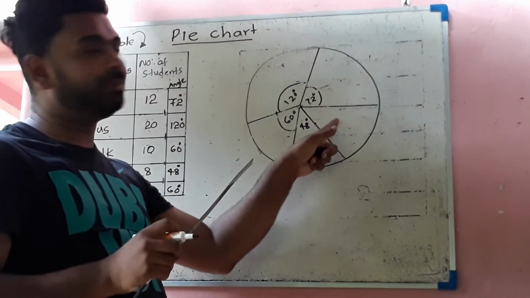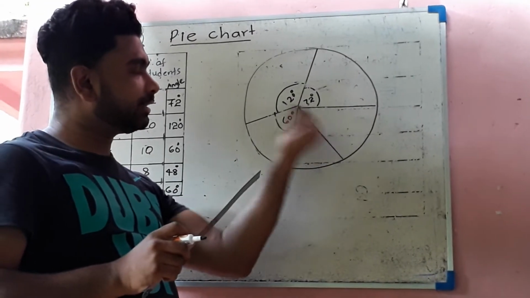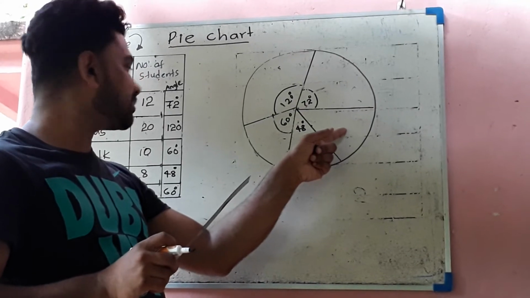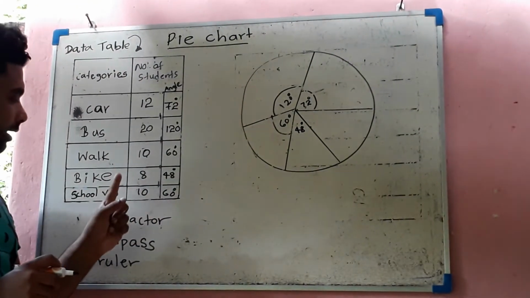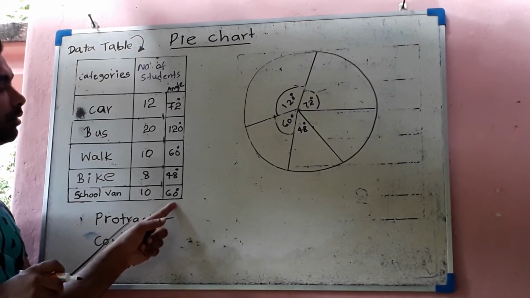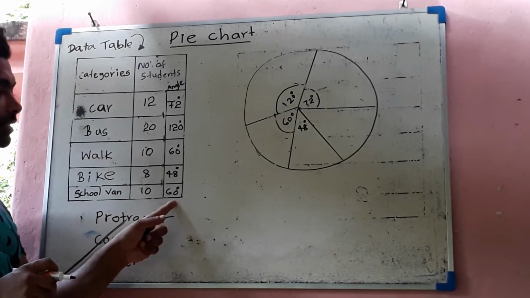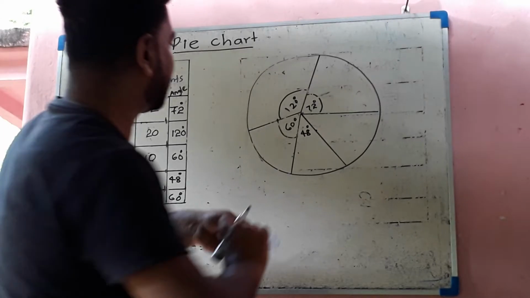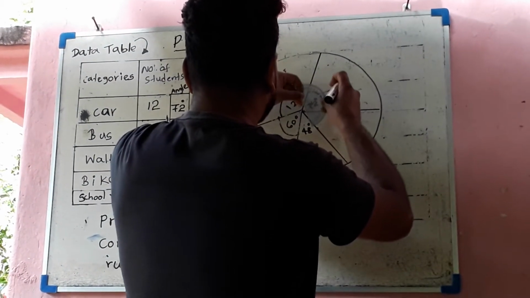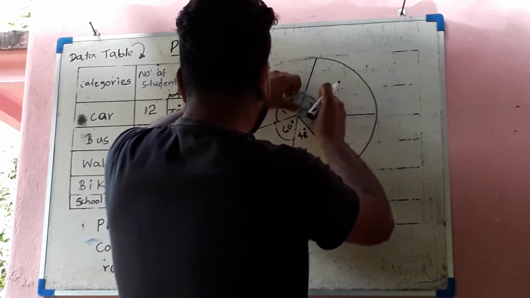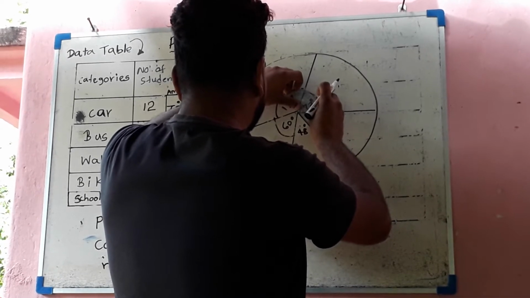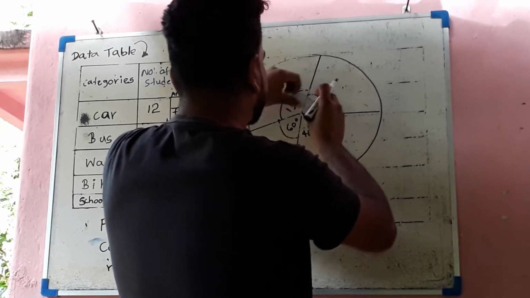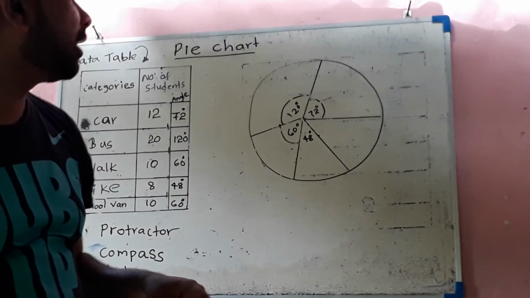Then the rest area must become an angle of 60 degrees. Let's keep and see. Yes, it is near 60.